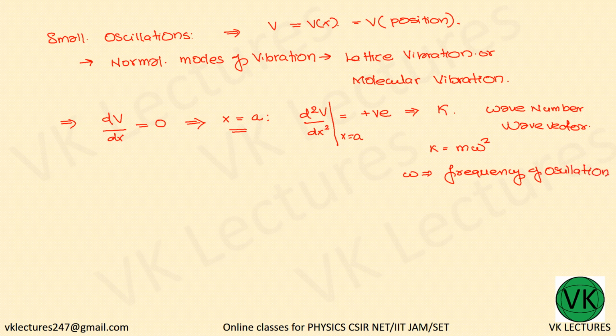Okay. Now coming to the frequency of oscillation, we have a secular equation for small oscillation that satisfies the equation determinant of V minus omega square T, the magnitude, equal to 0, where V is the potential and T is the kinetic energy.